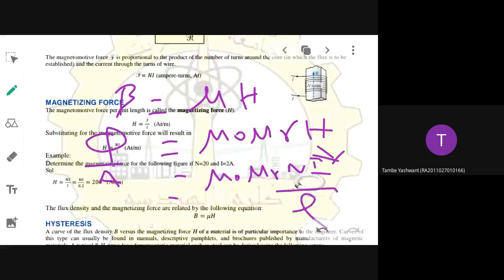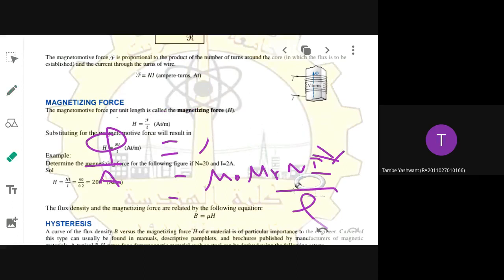Now I am going to group all these terms together. If I group that, bring this, Ni divided by L divided by mu naught mu r.